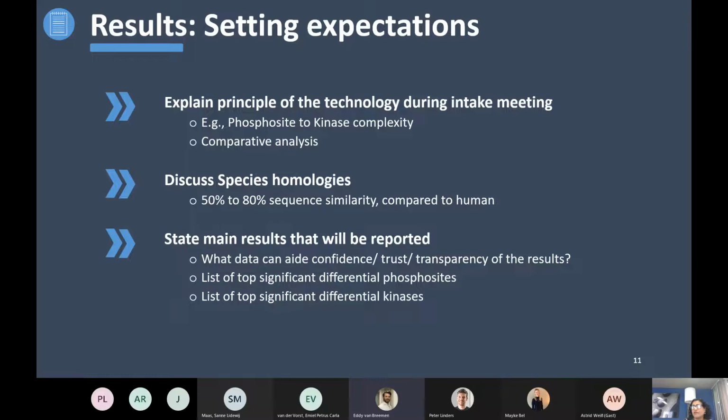We don't want to just provide these lists of kinases without any clue as to the data behind it. So, of course, the main result is, like I said, the top significant phosphosites or kinases. When it's provided along with the QC data and the QC criteria, then that could be a little bit more robust or acceptable.